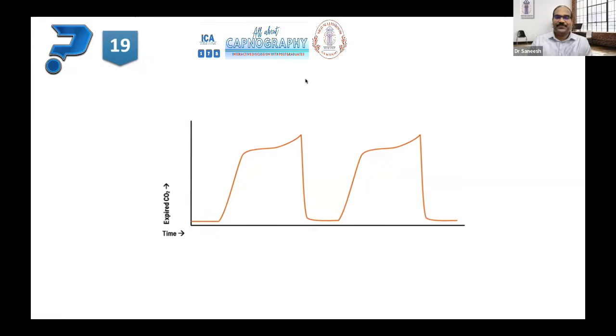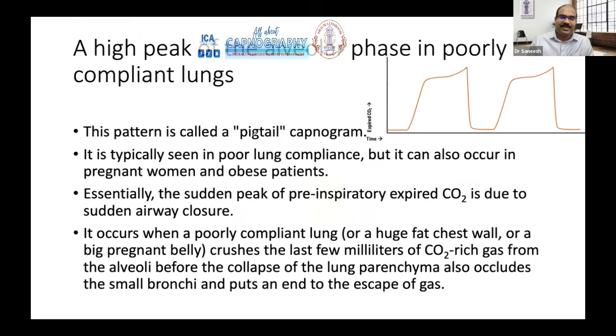So tail fin pattern in EtCO2 may be seen in pregnant or obese patients. Classically known as pigtail capnogram. Typically seen in poor lung compliance, pregnancy and obesity. Agreed.